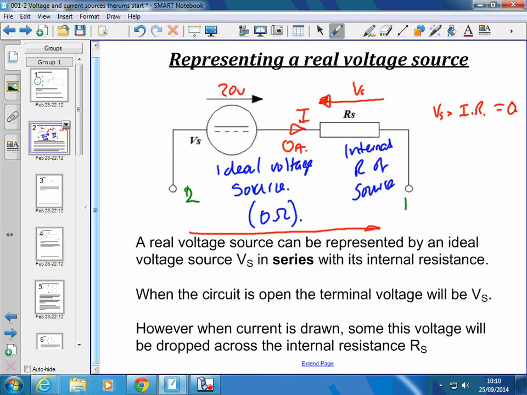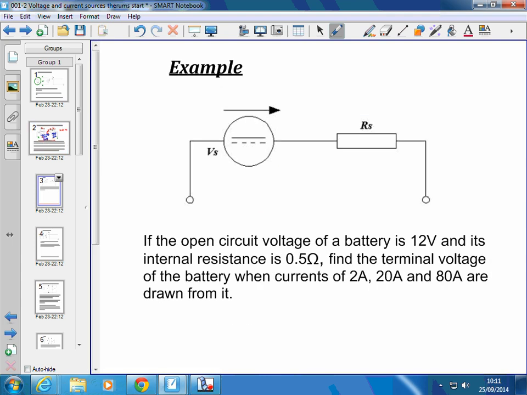However, when we draw a current from that, we're then going to drop some voltage across the internal resistance, and we'll lose some terminal voltage. Okay, so there's a circuit there.